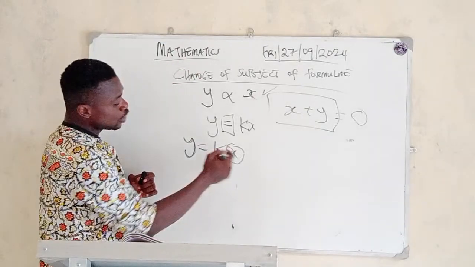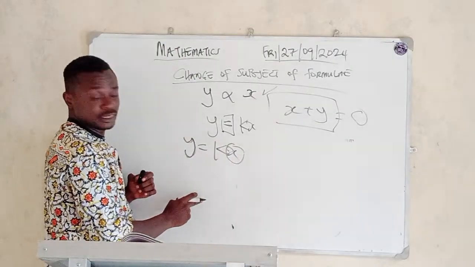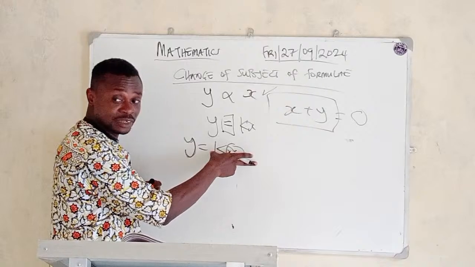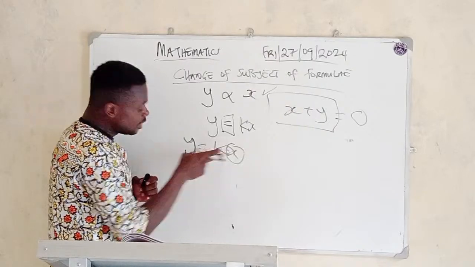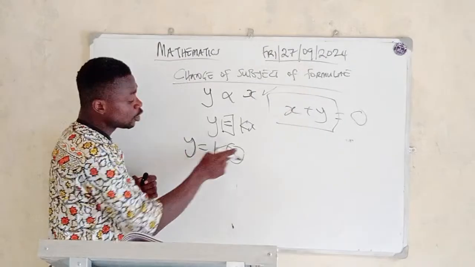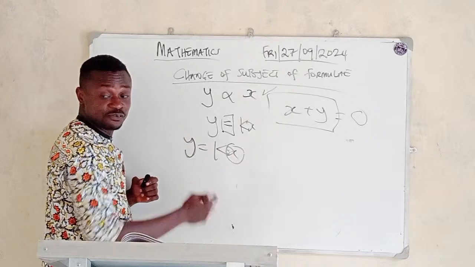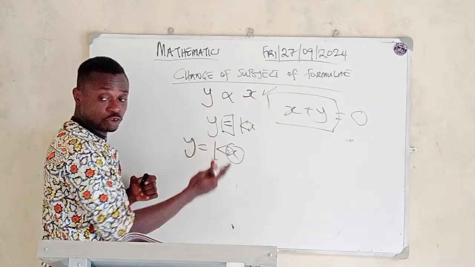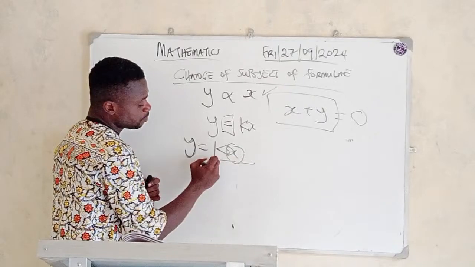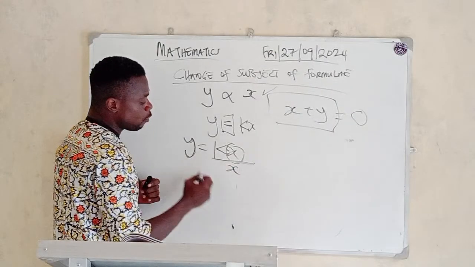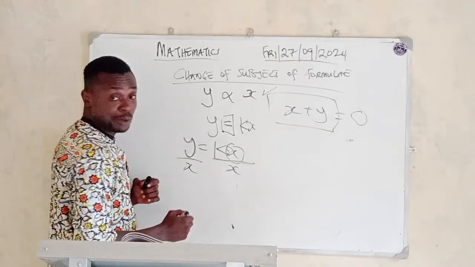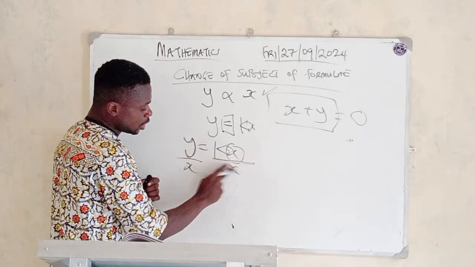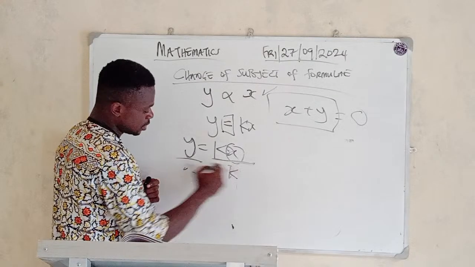So that means you divide both sides. Divide this side by the same quantity, and divide this side by the same quantity, for you to be able to get x, free x from the whole of k. So to do that, you divide both sides by k.